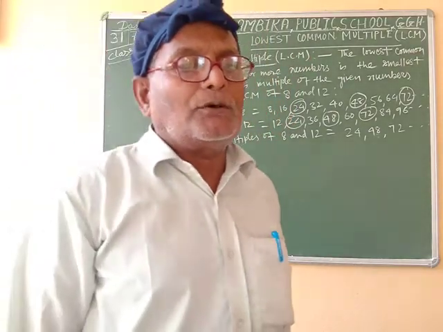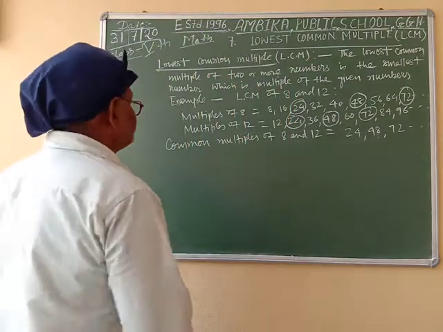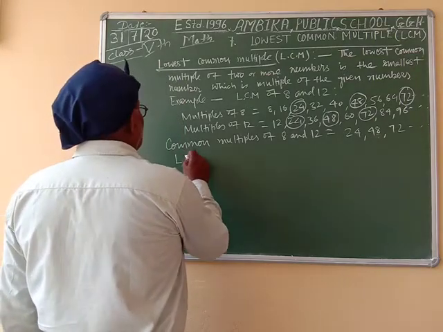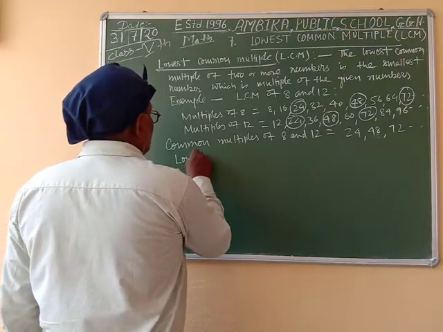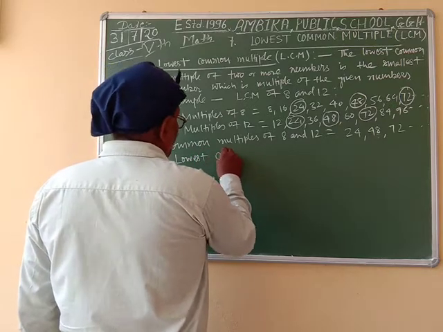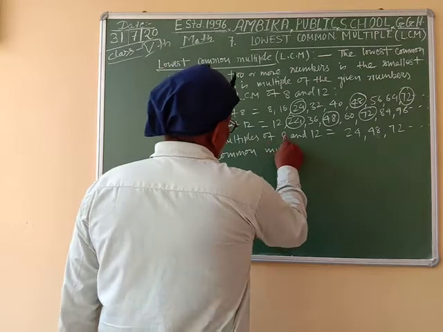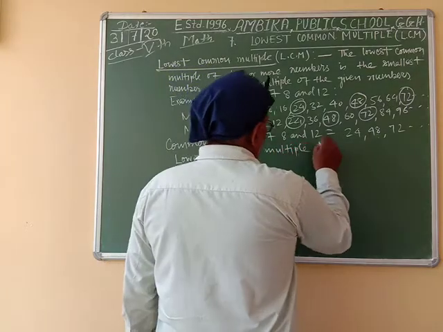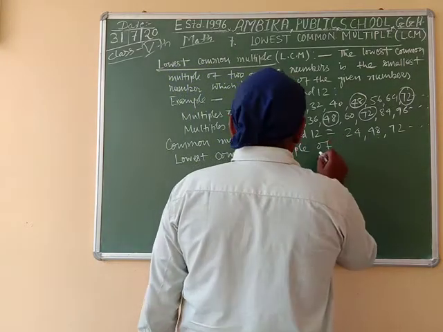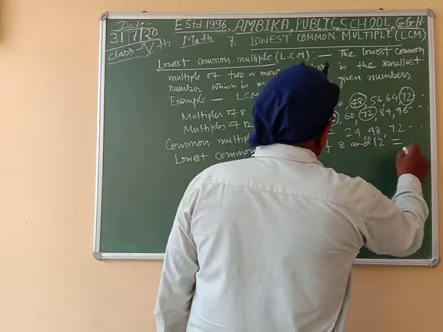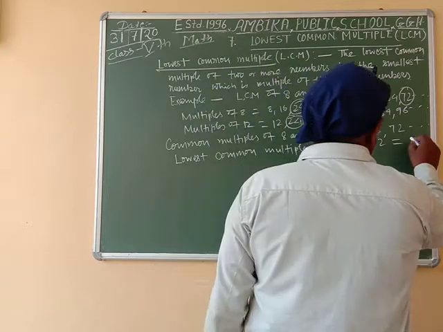The lowest common multiple of 8 and 12 is equal to 24.